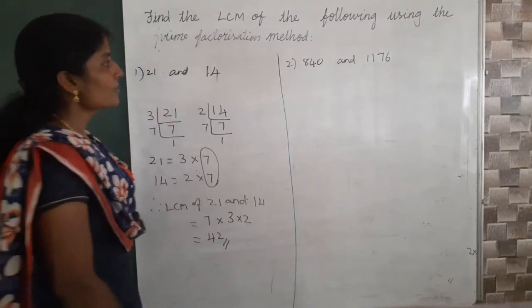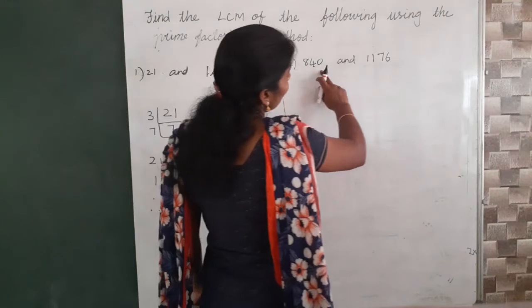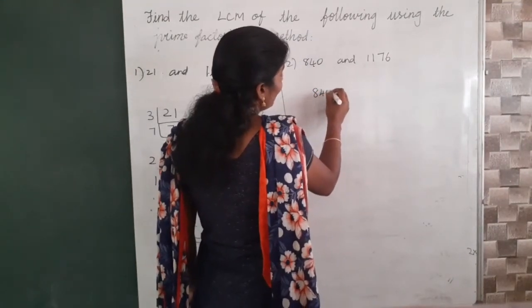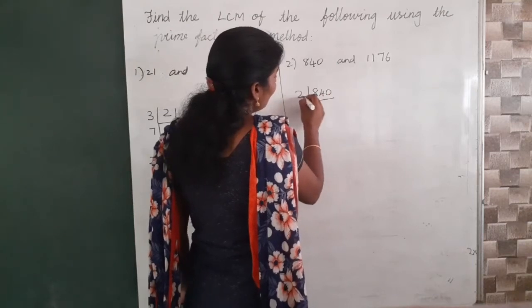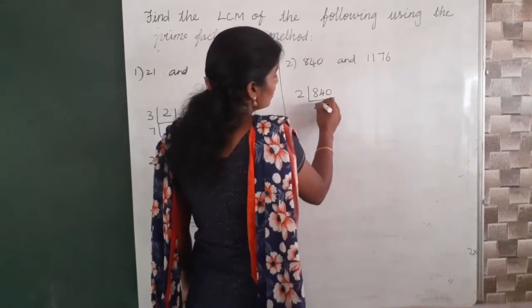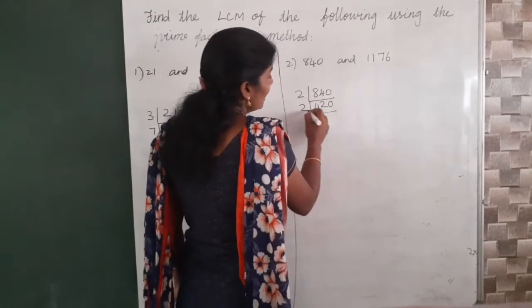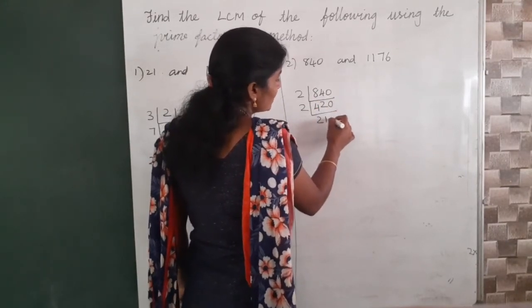Now second question, 840 and 1176. 840: we take 2 table. 4 2s are 8, 2 2s are 4, 0. Then 2 table, 2 2s are 4, 1 2 is 2, 0.